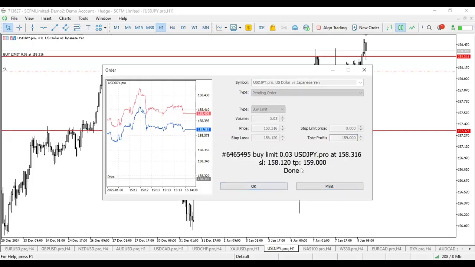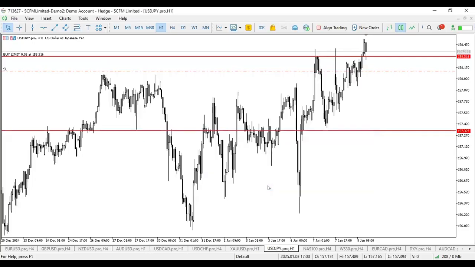Now you can see the information it gives you here. This is the order number, then your buy limit, USD JPY at this price, your stop loss and your take profit, then it tells you done. That is how you confirm that your order has been executed in the market. Do you see the difference between this order here?